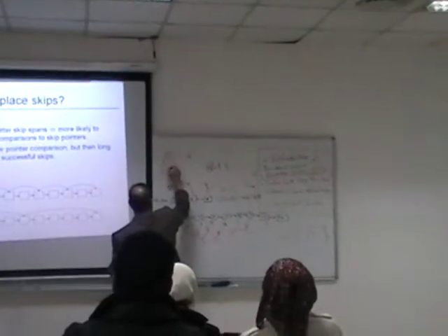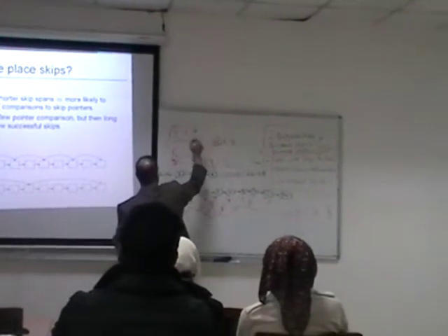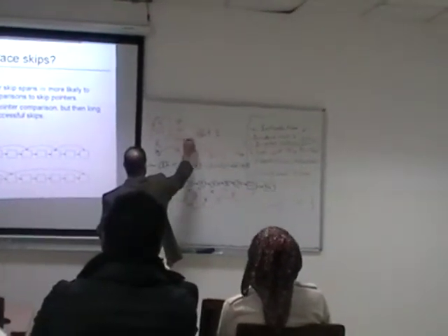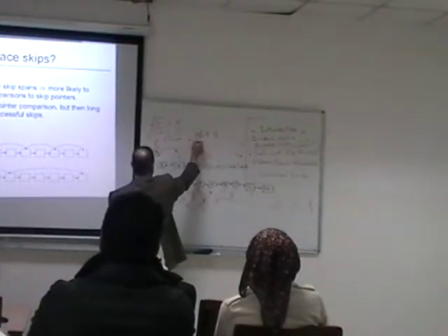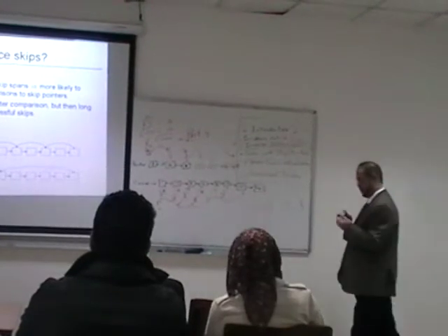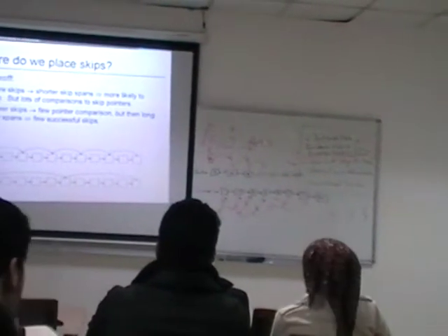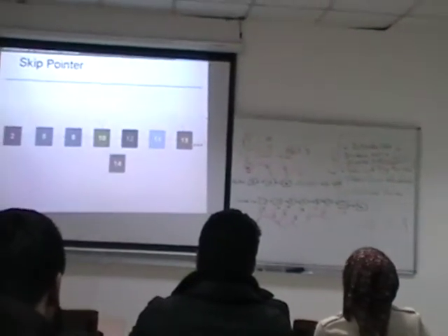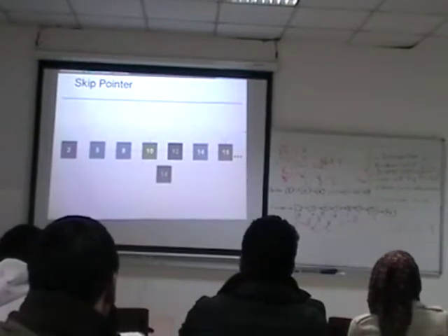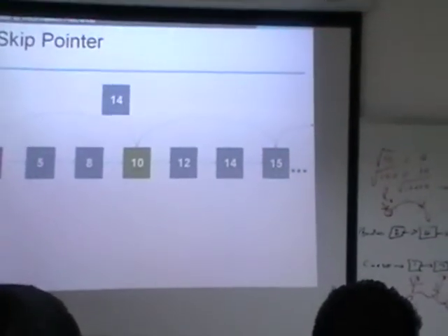If we have a list of 100 nodes in the posting list, we skip 10. If we have, let's say, 10,000, we skip 100. So this is the number of nodes we skip. We use a heuristic which is square root of L, where L is the number of nodes in the posting list.